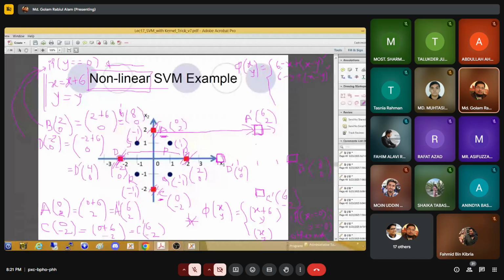Okay, this will be the case if the square root of x square plus y square is greater than or equal to 2. Else, it will be as it is. Okay, as it is, there is x, y.